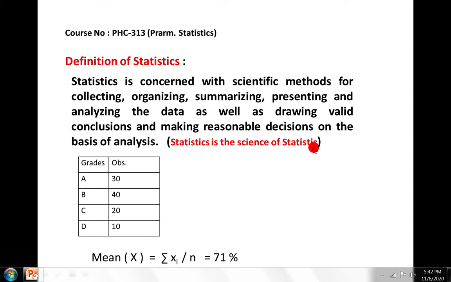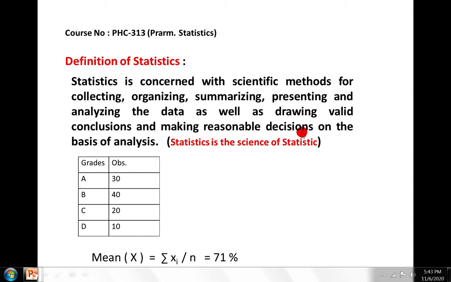And statistic represents the analysis, conclusion and decision. Why? Suppose you calculate the mean value of 100 students, the formula will be the same, summation xi upon n. You will obtain a single value, a singular term. If you calculate the mean of 100 students, or 1000, or 5000, or 10,000, or only 5 students, you will obtain a single value, a singular term.